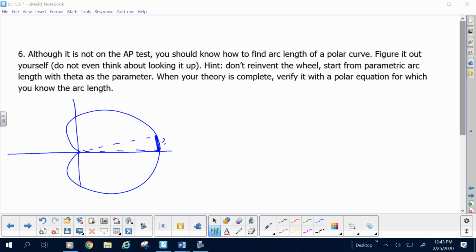So did you start with parametric? What's parametric? The dx/d theta squared plus dy/d theta squared, multiplied by d theta. Well, no, it's just the d theta, right? So when do we use dx/d theta and dy/d theta?